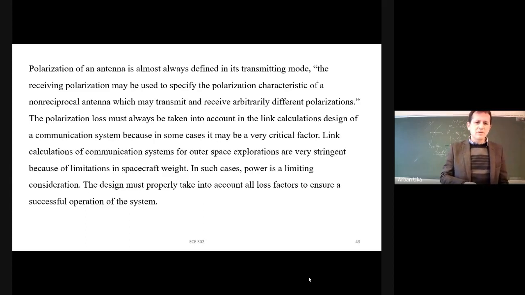Since in this slide we're talking about the design regarding the polarization directions, we're not looking at the losses which can happen because of the impedance mismatches between the transmission lines, the wave generator, and so on. So overall, the design is going to include several aspects, where the current one is one of them.